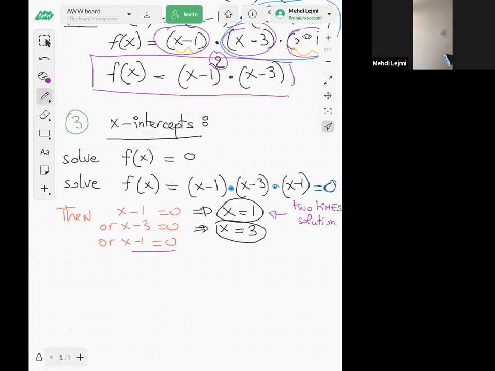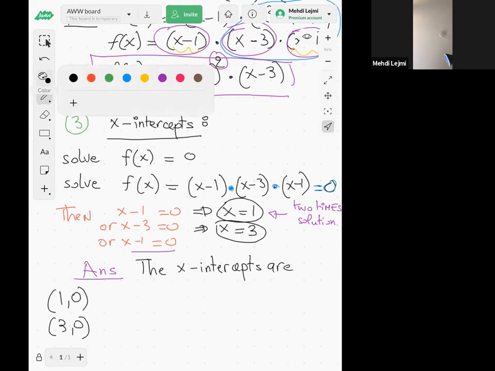So the answer: the x-intercepts are 1, 0 and 3, 0. Now, what about the multiplicity? As I said, 1 is of multiplicity 2, because it's x minus 1 squared, right?